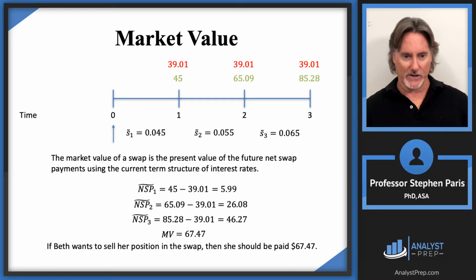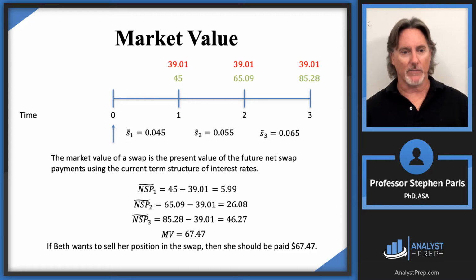If the market value was negative from Beth's perspective, then she would end up having to pay someone else to take her position in the swap. But in this particular instance, with the way the numbers worked out, Beth has something worth $67.47.